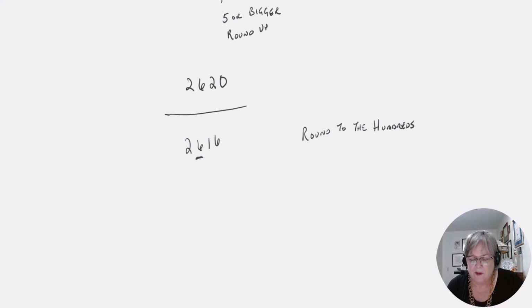Here's the hundreds location. I look at the digit just to the right. The digit just to the right is less than 5. So we're going to round down.